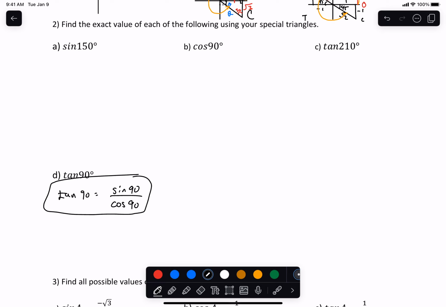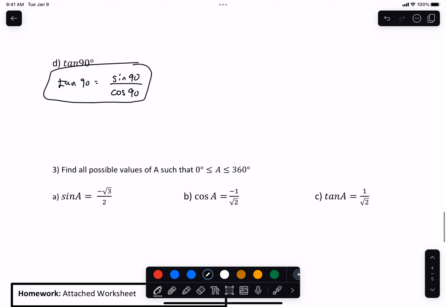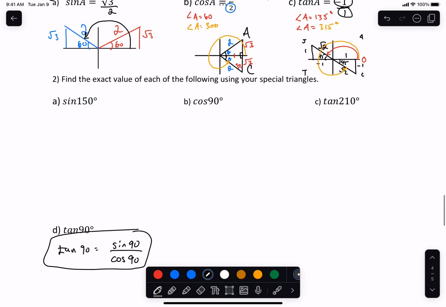Do you want to do the bottom ones? B is the cos of 90. Same argument. These are ones that you just need to know, and I'll explain them later. The cos of 90 is 0.